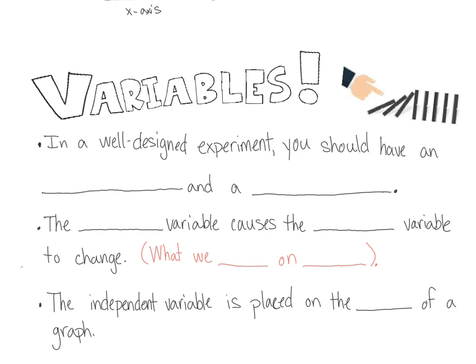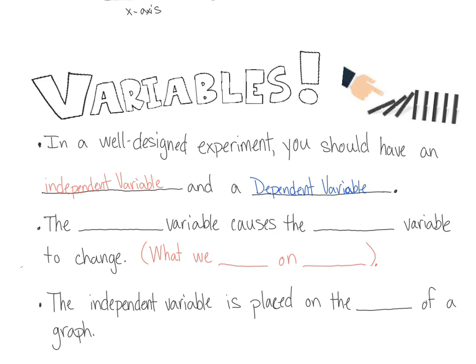In a well-designed experiment, there are two main types of variables. There's an independent variable and a dependent variable, and we're going to talk about each of those types below.